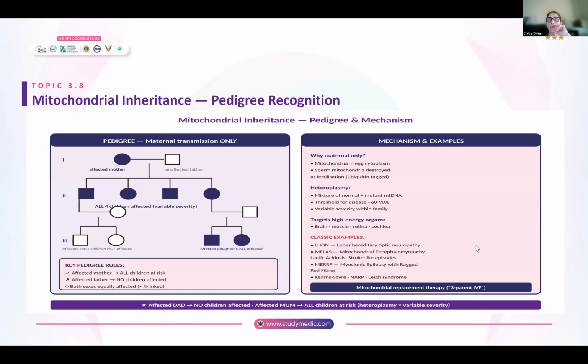You have a male or a female in which there are mitochondrial disturbances, not a male, because if there is any disturbance in the mitochondria in the male, it's not going to be transmitted to the offspring. But in the female, the defective mitochondrial gene is replaced, and you get something that is called 3-parent IVF, what is called mitochondrial replacement therapy.